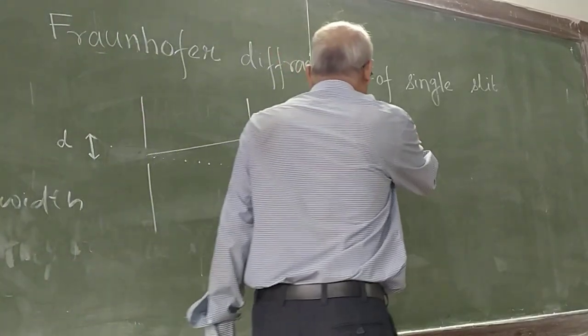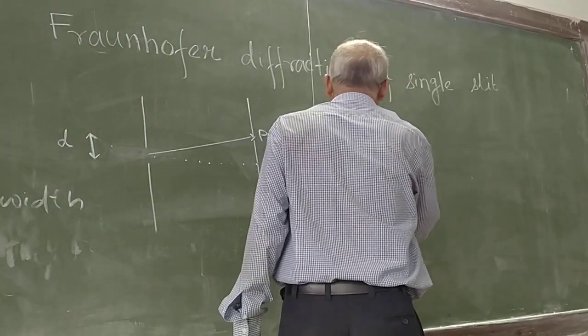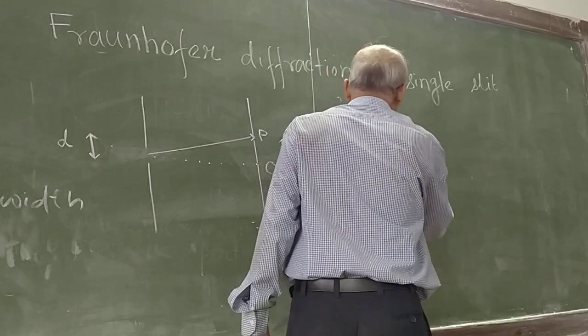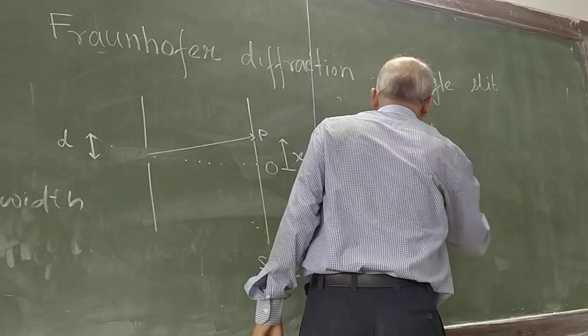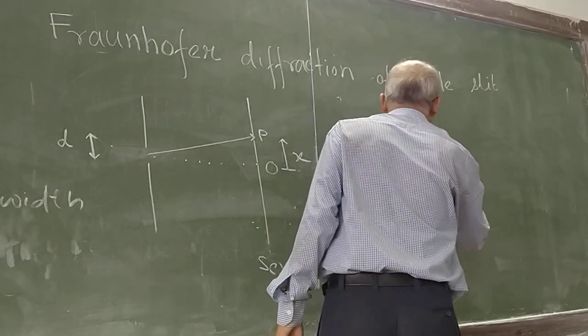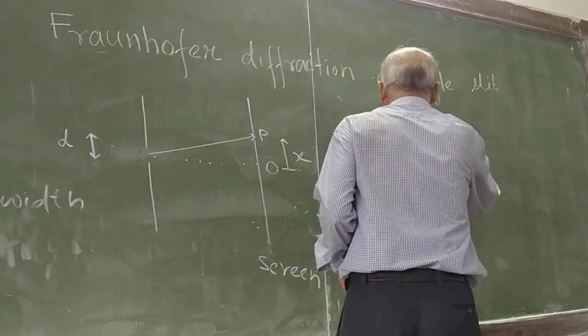Now see, what is diffraction? Once again, this diagram I am showing. In Fraunhofer diffraction, the incident rays are parallel. So here, what will happen? One ray will strike straight without any bending. Another ray of light will bend like this.